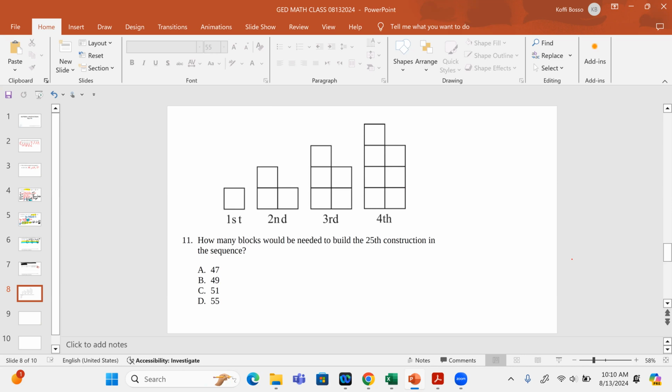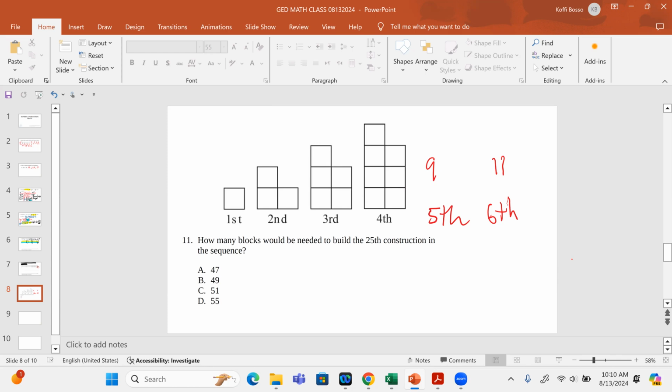Let's ask you this for people who say B. So, fifth, how many blocks we're going to have in the fifth position? So we're going to have 9. In the sixth, yeah, 11.